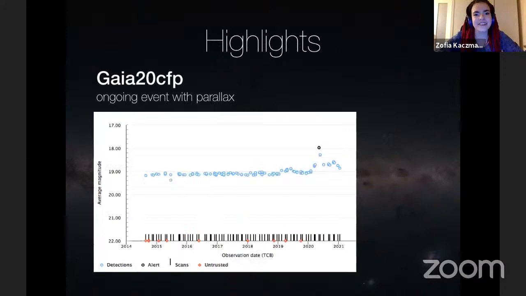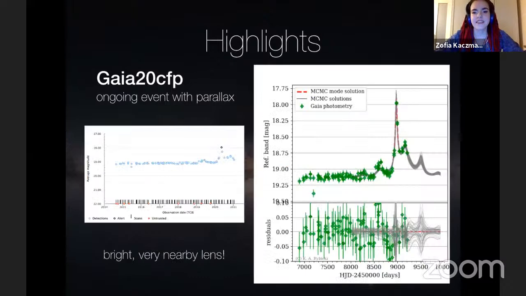And the last event I would like to show is Gaia 20 CFP, which is an ongoing event with very, very strong parallax. And you can see that the changes are really dramatic, and also that there are more wiggles coming, and there will be more observations and efforts to constrain it.